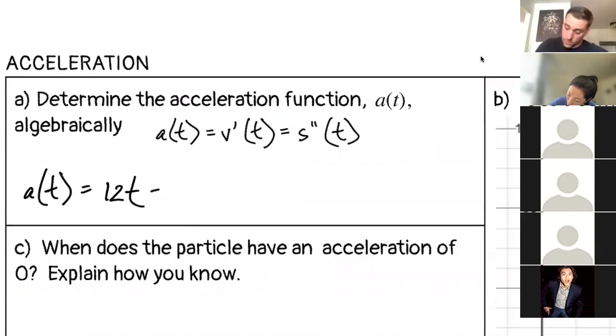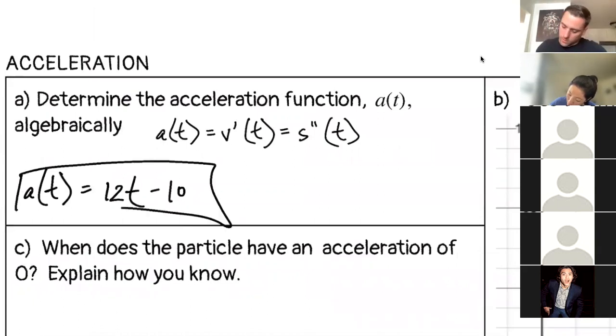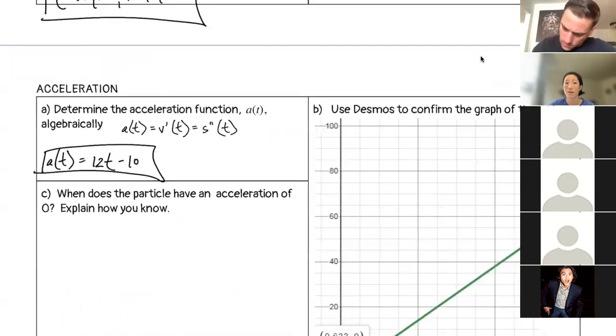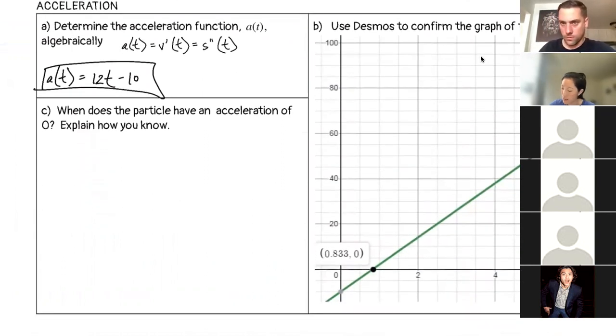So we've determined the acceleration function by taking the slope of the velocity function. And this one, 12t minus 10, is not so bad to see on the graph: it has a y-intercept of negative 10 and a slope of 12.